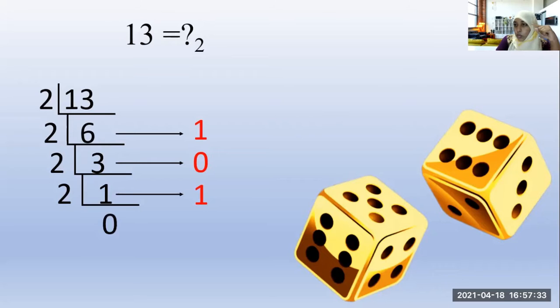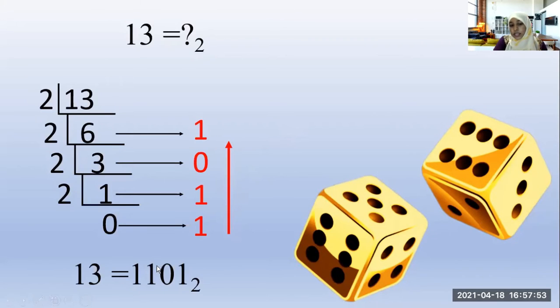How many 2's within 1? No 2's, so 0. 0 into 2, 0. How many remaining to be 1? 1. So the answer is, you should take it from bottom to top: 1, 1, 0, 1, base 2. This is the answer.